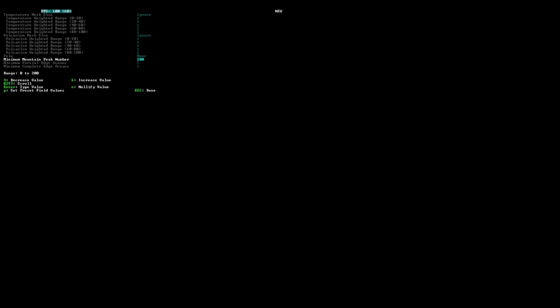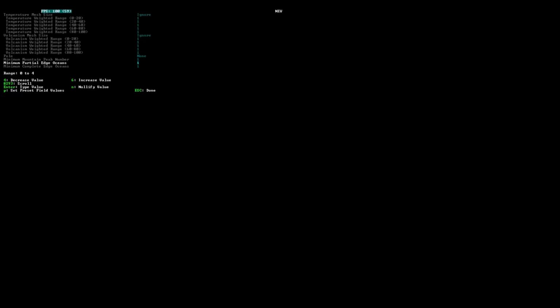If we set this to the max 200, there needs to be 200 mountain peaks available. And in order to do something like that, we need to go into the elevation range and put a heavy weight on this. Set it to like 1,000 or something like that, where it's all mountainous. That way you have just about everything as mountain peaks. Otherwise, it's going to cause the world to regenerate itself.